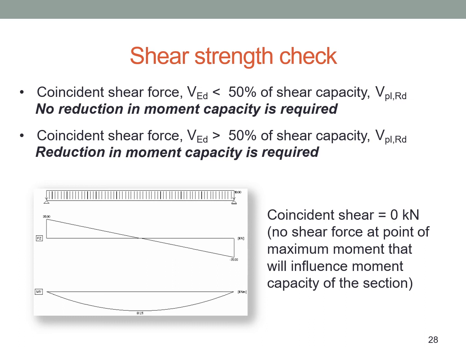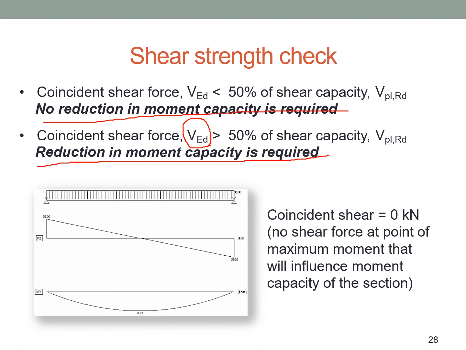Shear strength checks with coincident shear force. The VEd value is less than 50% of the shear capacity. When this happens, no reduction in moment capacity is required. Otherwise, you need to do the calculation to reduce the moment capacity if the VEd value is greater than 50% of the Vpl,Rd.